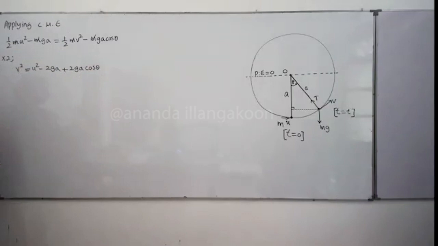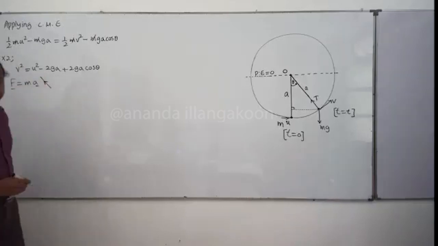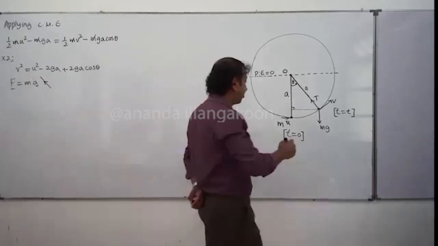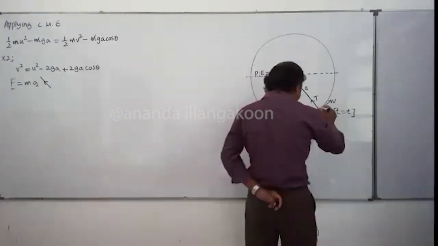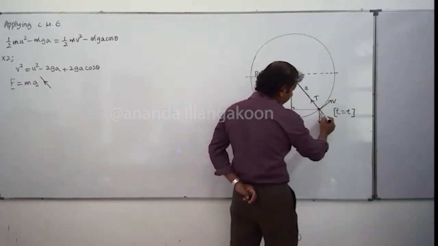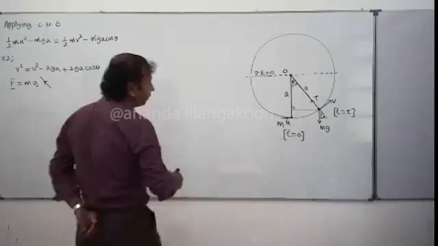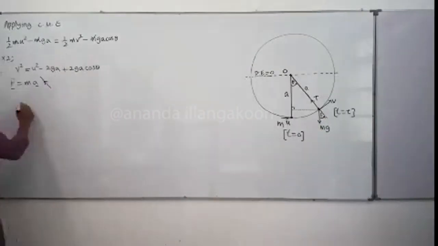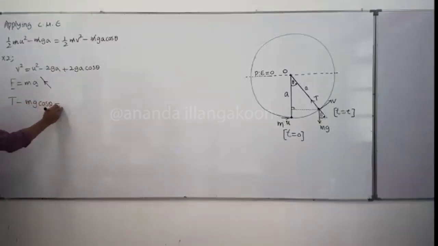Right. We can write F equals m a, secondly, towards the center. Right. T minus mg cos theta equals mv squared by a.